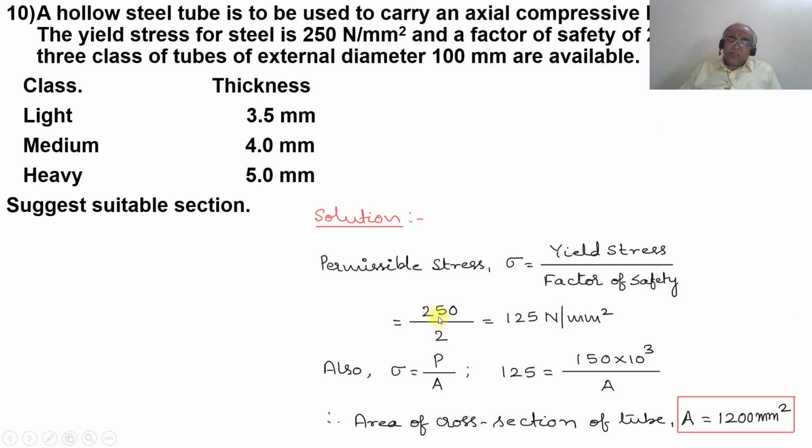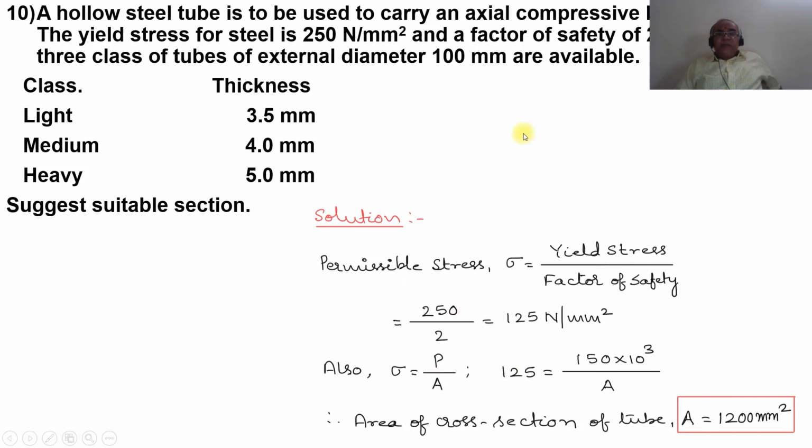We can also find it out as sigma is equal to capital P by A. So what is sigma? The permissible stress is yield stress by factor of safety, 250 by 2, which is equal to 125 Newton per mm square. So sigma, we need to keep as 125.